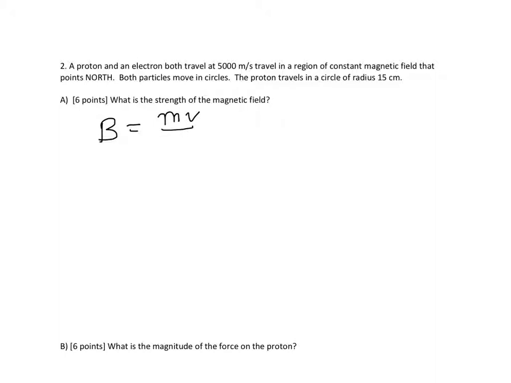If we solve that for the magnetic field, we get mv over qr. Now in this case, we're given the information about the radius of the proton. So we're going to use the mass of the proton here. Its charge is e, and the radius of its motion.